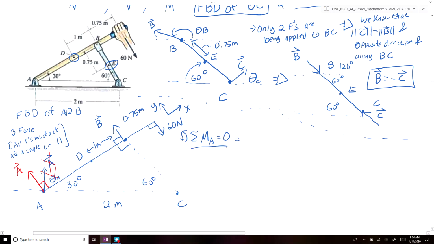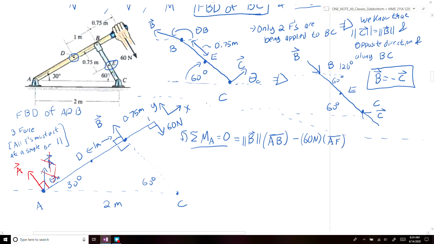All right, so to do that, we'll get the magnitude of force B times the length from point A to point B, minus 60 newtons times the length from point A to where the force is being applied.